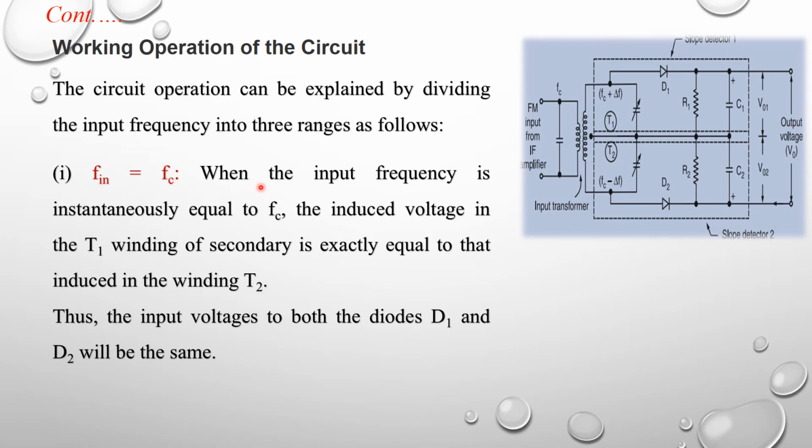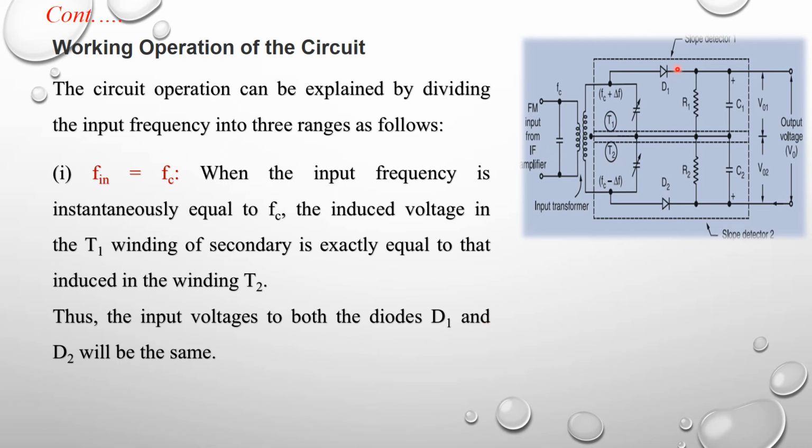When the input frequency is instantaneously equal to Fc, the voltage induced in the T1 winding of the secondary is exactly equal to that induced in the T2 winding. Thus the input voltages to both diodes D1 and D2 will be the same.